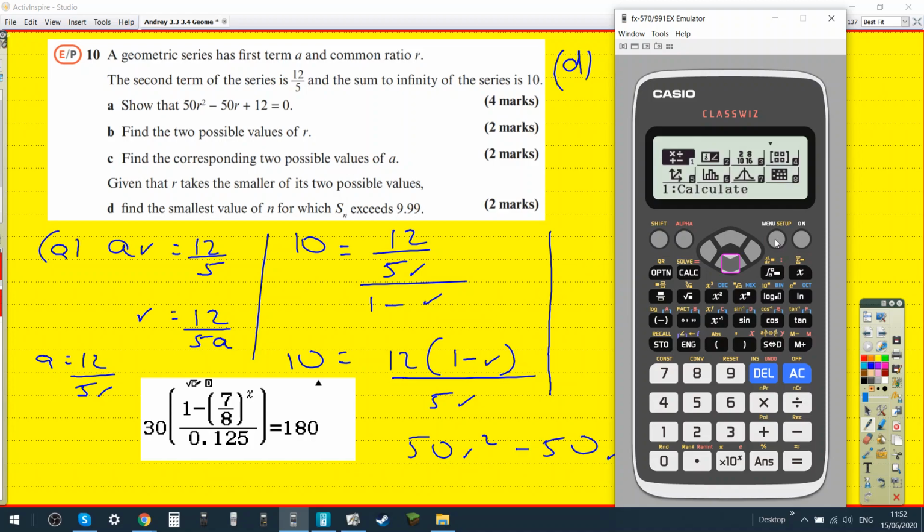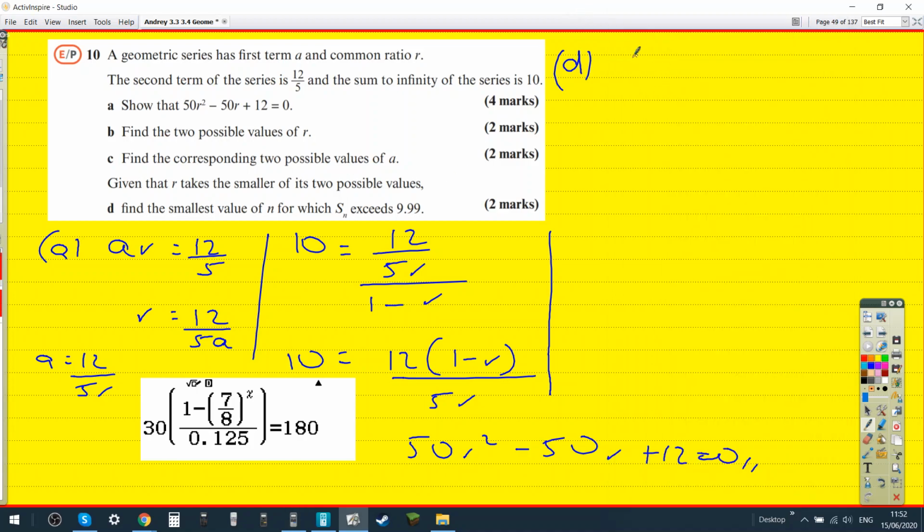Okay. So 2 possible values for R. I just put that one into the calculator. R takes the smaller of its 2 possible values. What is A?